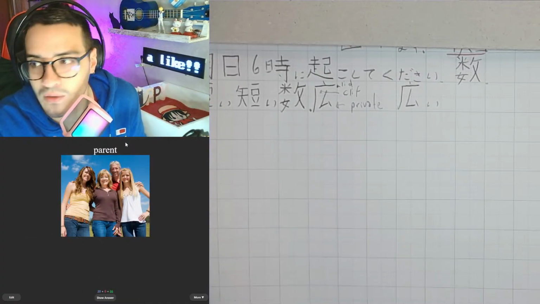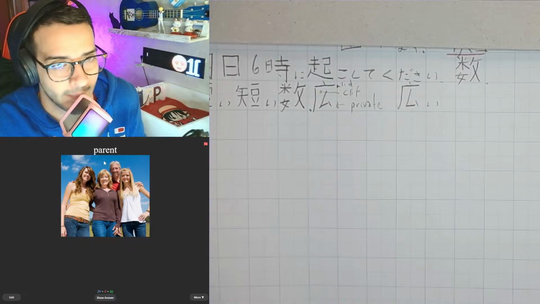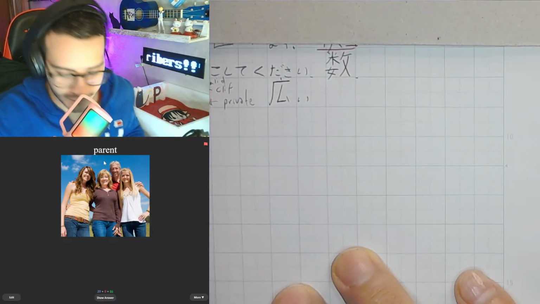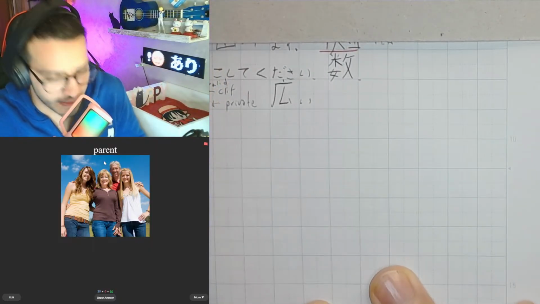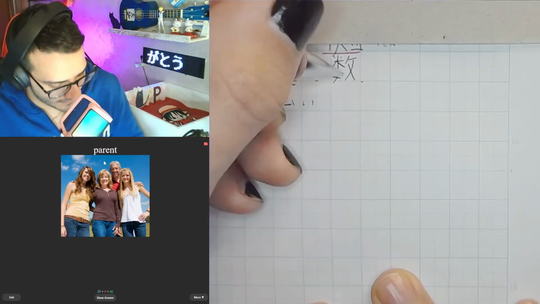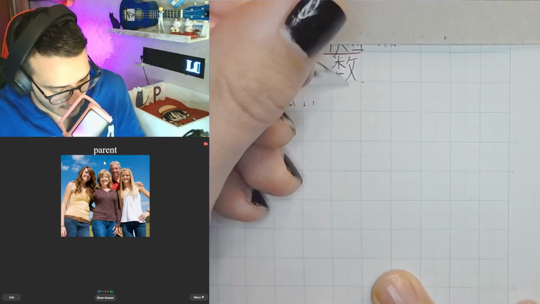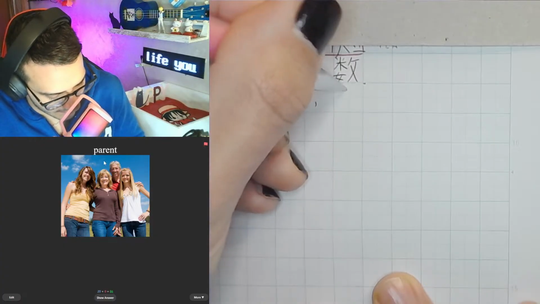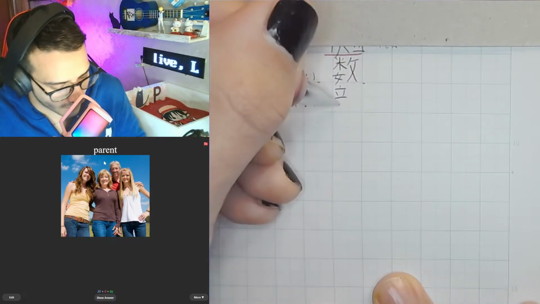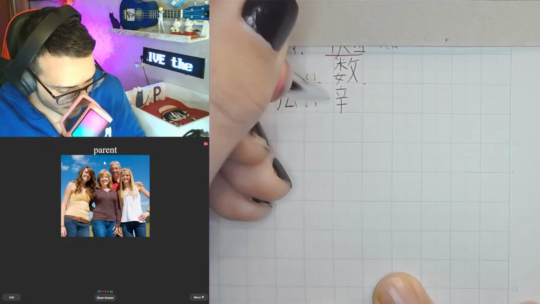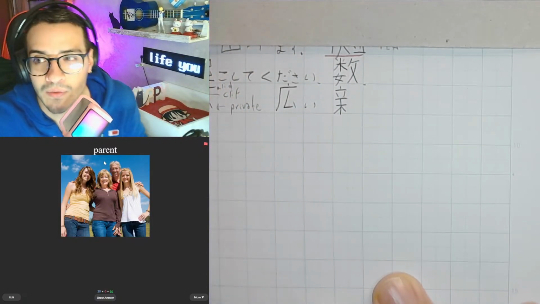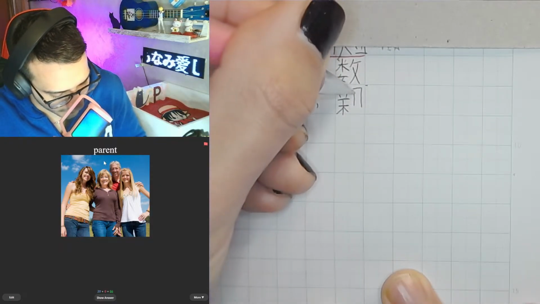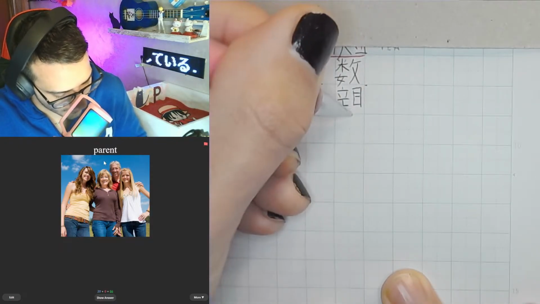All right, how do we say parent in Japanese? Parent is, and I got a nice story for this, very fitting for parents. Let's say that our parents are standing on top of the family tree, and what do they do? They watch over us.